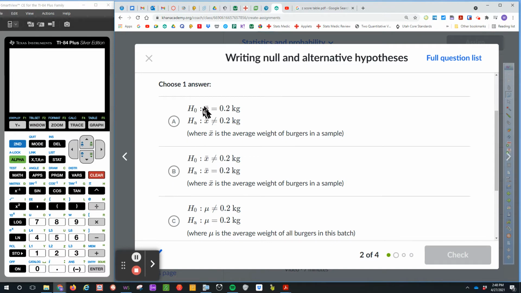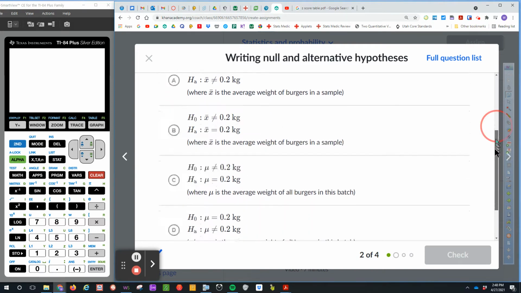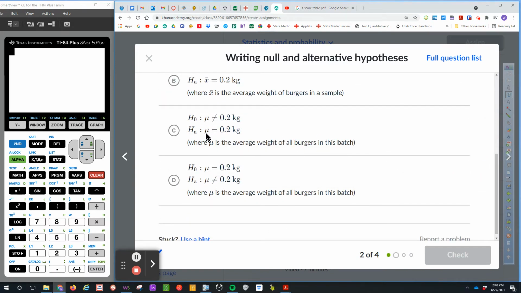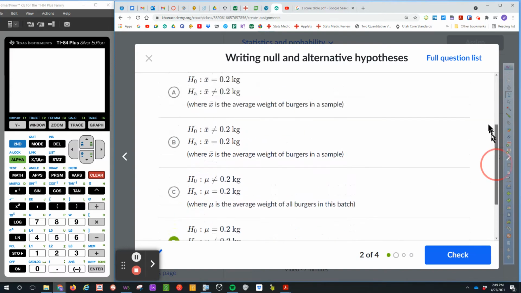Look, this is sample mean, sample mean, sample mean, sample mean. We are actually testing for the population mean. The population mean should be the claim, and the claim is 0.2. Then the alternate hypothesis is not equal to 0.2.